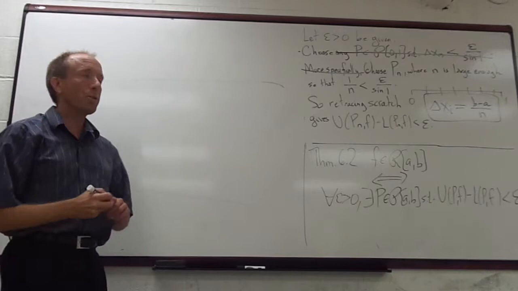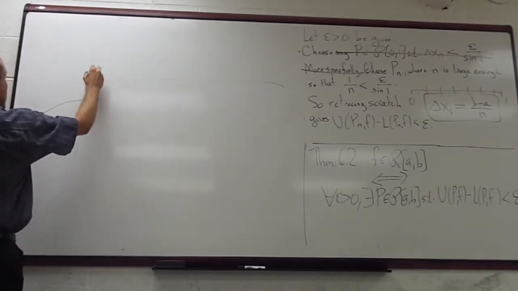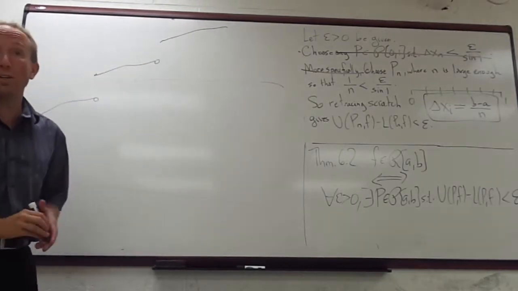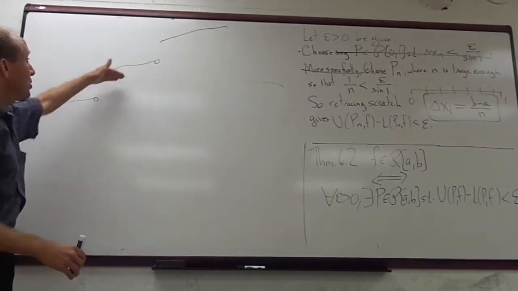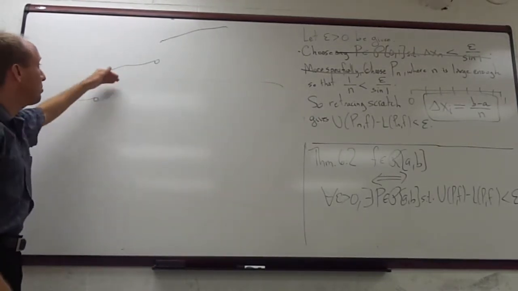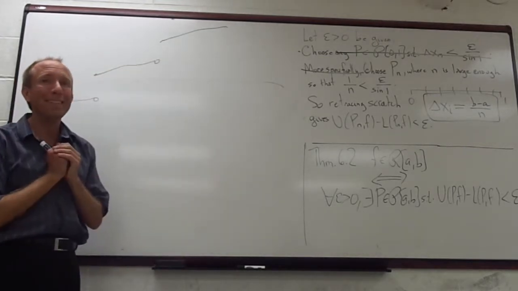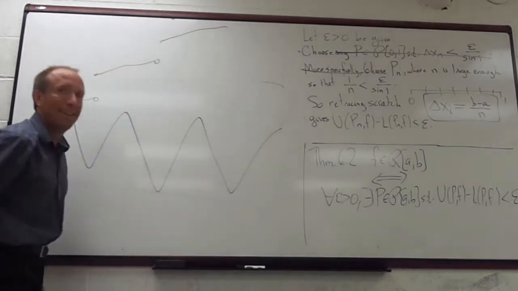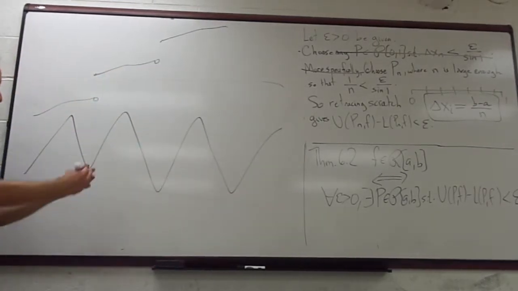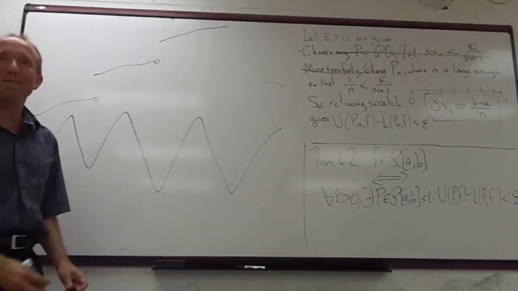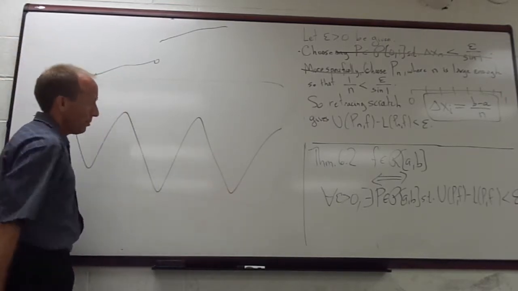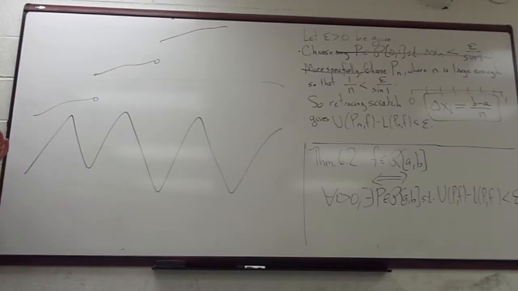For example, this function here is Riemann integrable because it's monotone increasing. Even though it's got jumps in it, it's not a problem. And a continuous function is Riemann integrable on any domain, because I've drawn it without picking up my pencil. Lots of things are Riemann integrable.